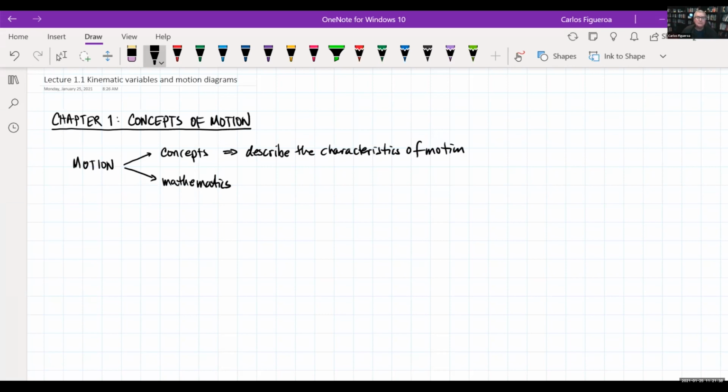The way we describe the characteristics of motion is that we've got to look at two pieces. One, we've got to look at its variables, and the variables are displacement, time, velocity, and acceleration. And the other big piece to really conceptualize the motion is what's called a motion diagram.